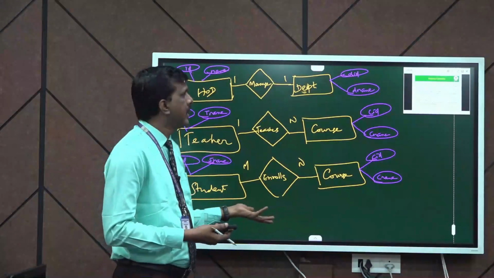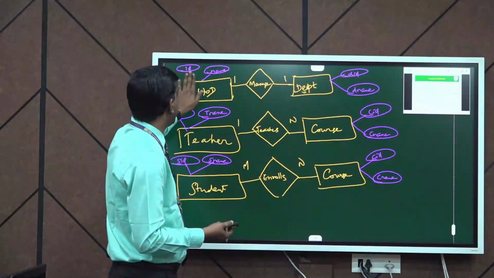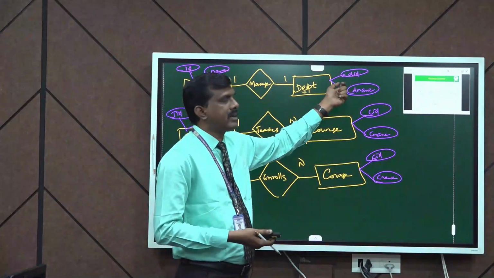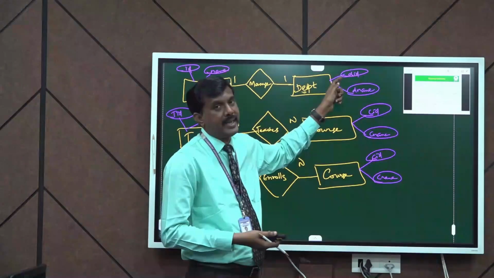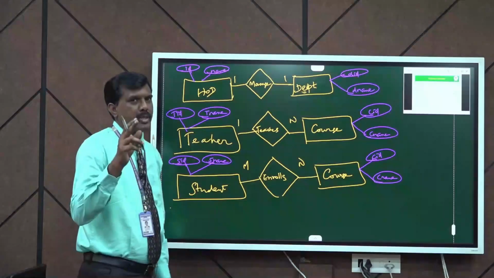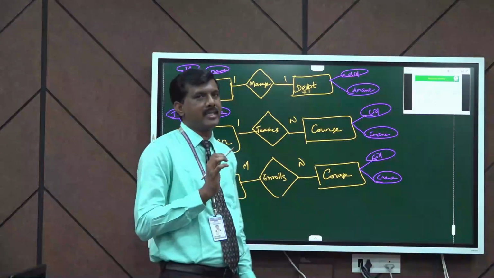As we discussed, either we can have the left side key attribute in the right side table, or we can keep the right side key attribute in the left table. So there are two possible solutions for this. Let us discuss them one by one.